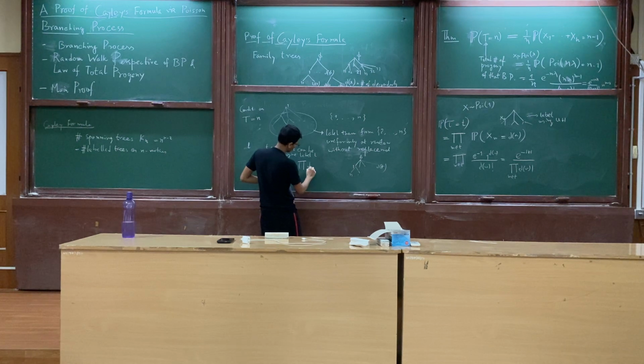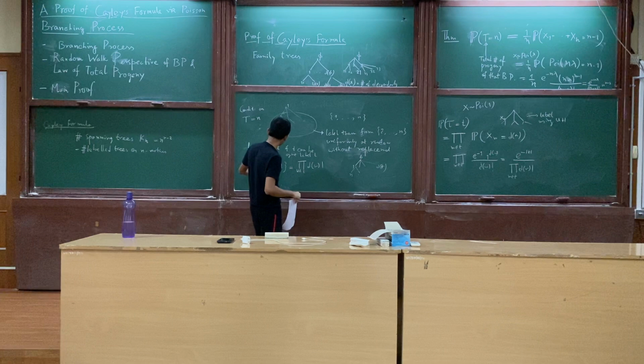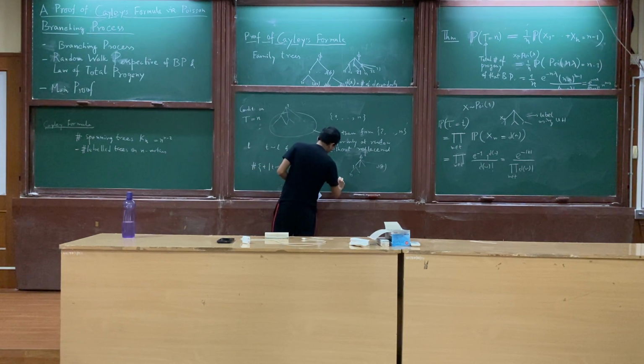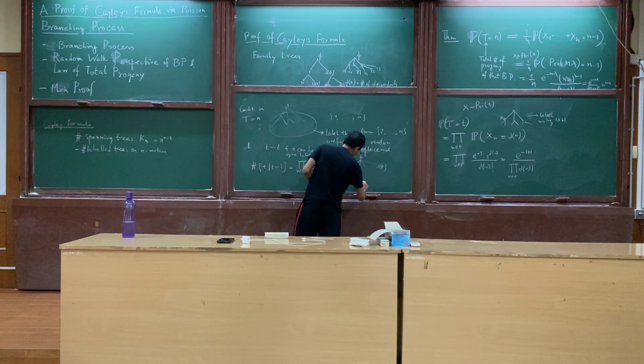This is nothing but the product of d of w factorial, over w belonging to t, because we are fixing L and counting the trees t. Let's say d of w is the degree of w minus 1 for w not equal to 1.